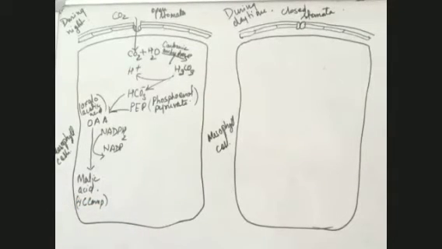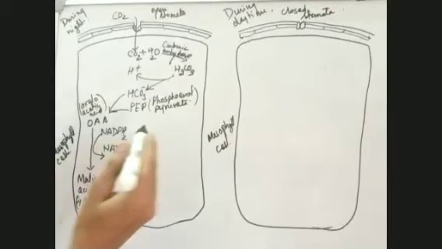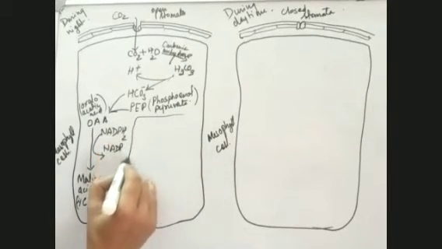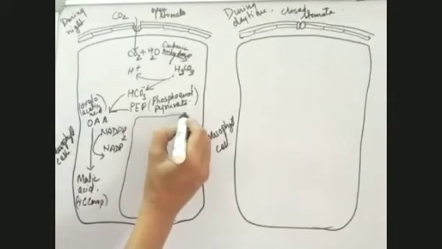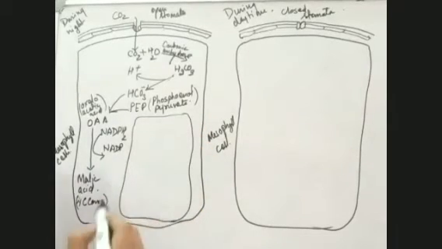Now till here, malic acid has been formed. This process takes place the whole night, and this malic acid is stored, accumulated in the vacuole.